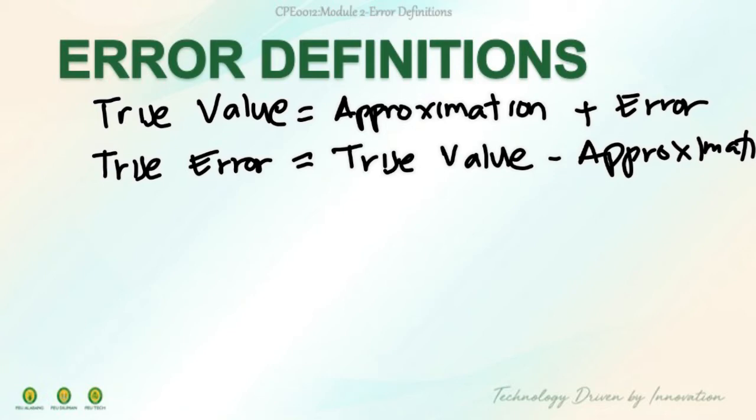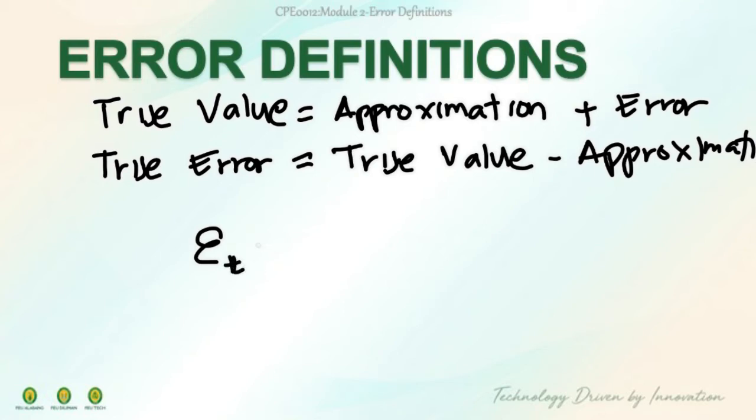And so given that, then we can define our true fractional relative error. In order to do that, we're going to call that epsilon of t.